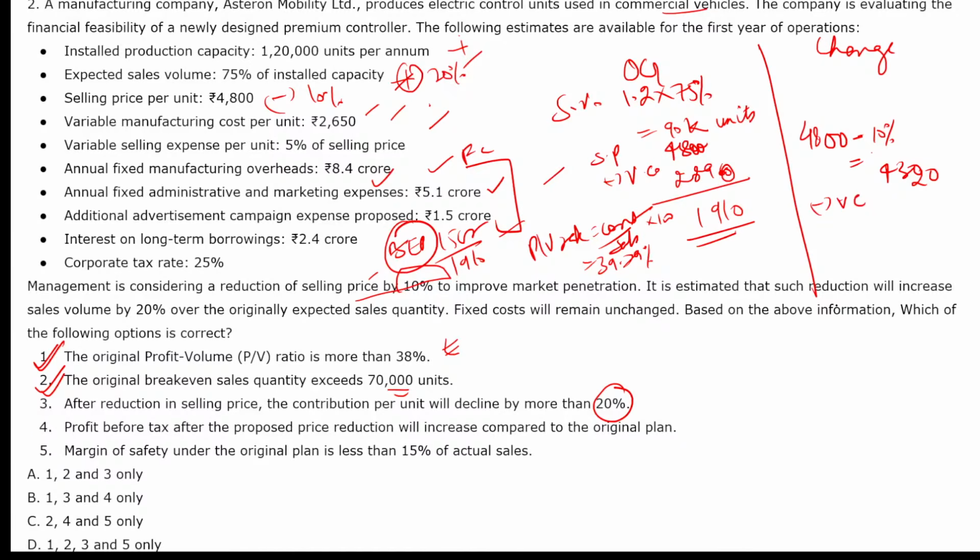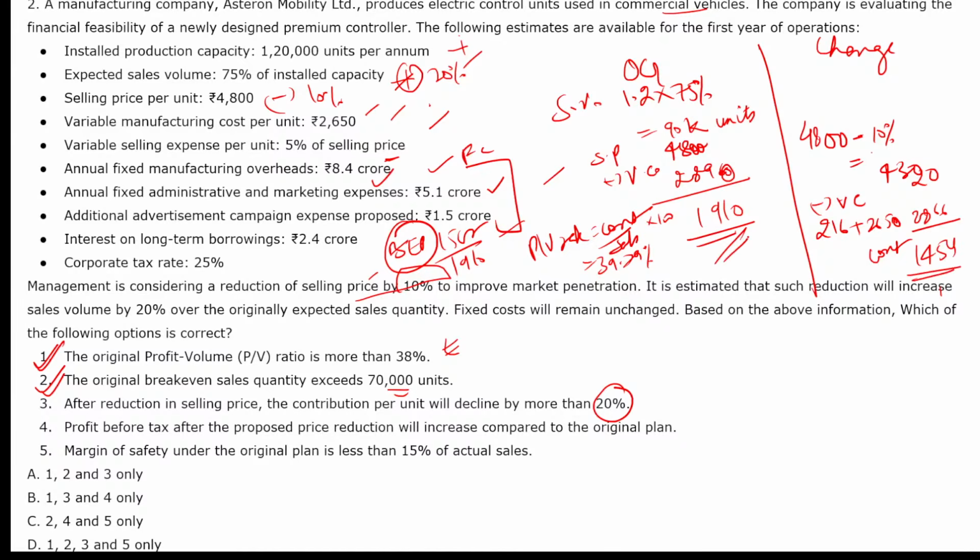The variable selling cost is 5% of 4,320, which is 216, plus 2,650, which will be 2,866, right? So your new contribution will be 1,454.